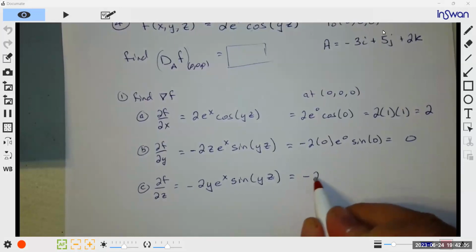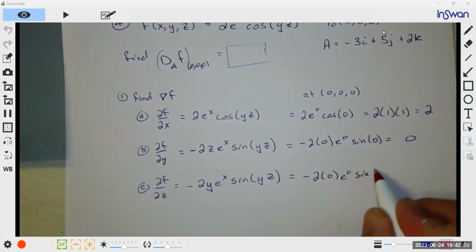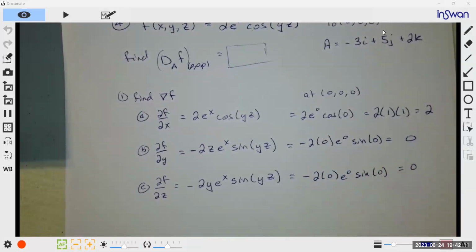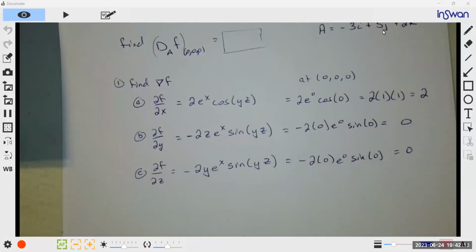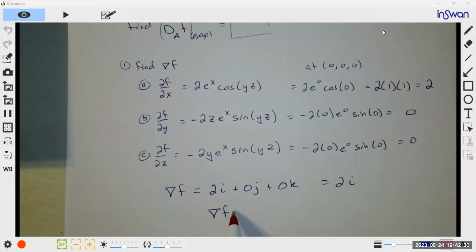Same thing with the other one: 2 times 0 e to the 0 sine of 0 is 0. So our del f function is 2i plus 0j plus 0k, which is just 2i. So del f equals 2i.